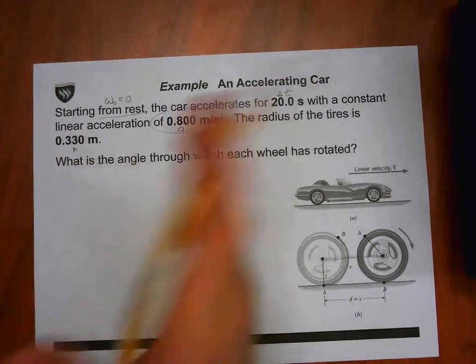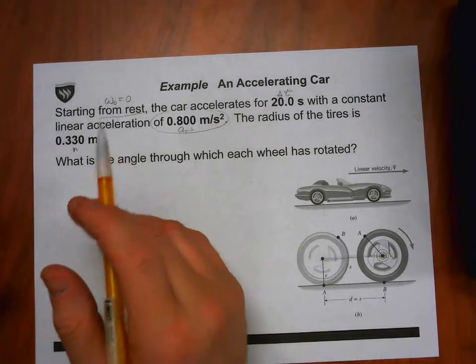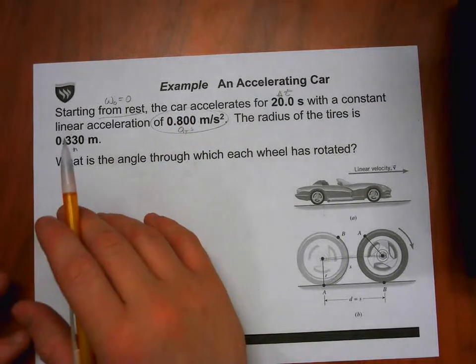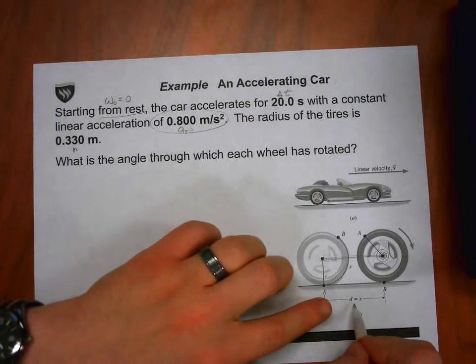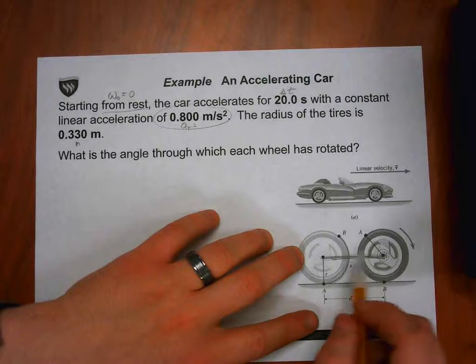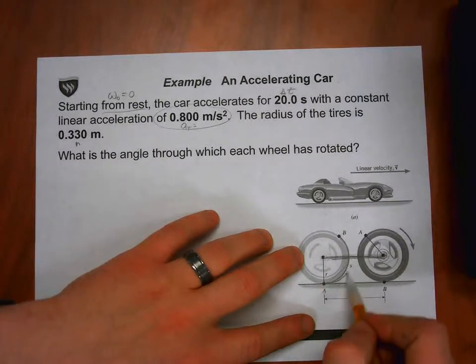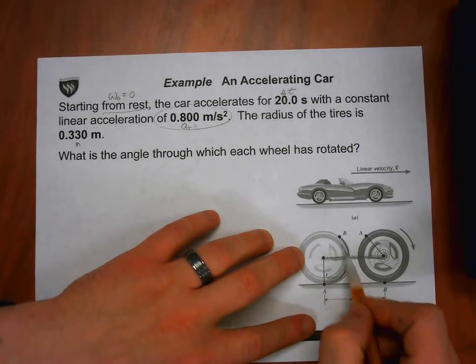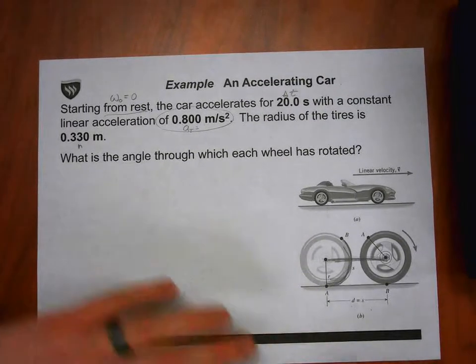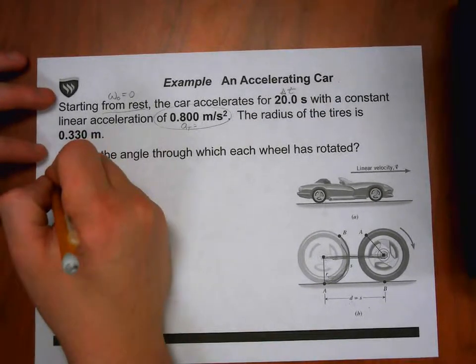This is where we're mixing in angular components and linear components. And we're using this relationship to get there. We know that the distance traveled by the center of the wheel is equal to that arc length that comes in contact with the road. D equals S. So let's write down the stuff we know.